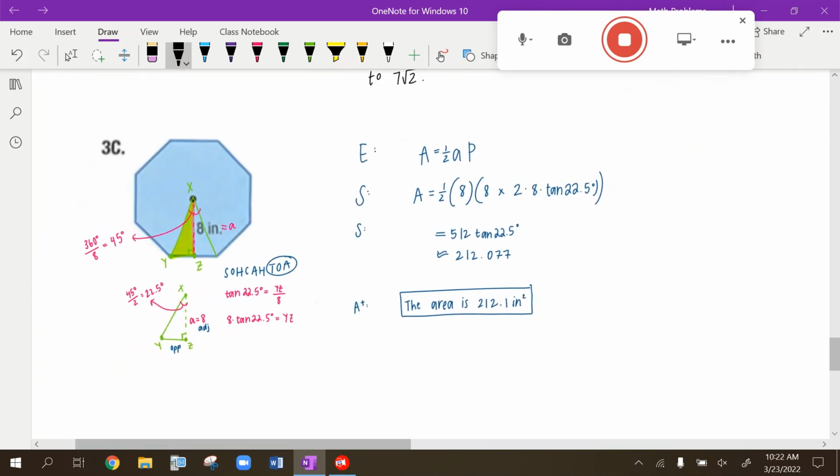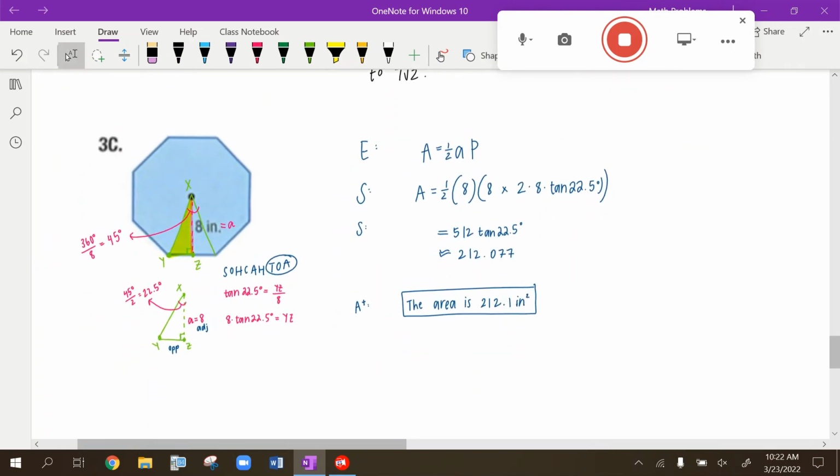Finally, for 3C, with this one, it was an octagon. So I actually had to go through and do the formula 1/2 AP this time. And it turns out that my triangle that I highlighted, I redrew it down here, and unfortunately it wasn't a special triangle. However, I could find the base of the triangle by using SOHCAHTOA.